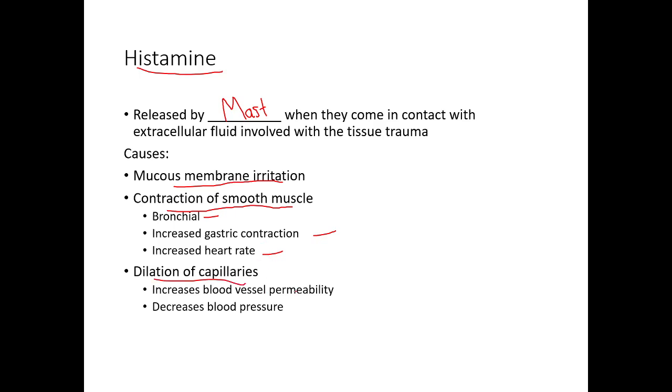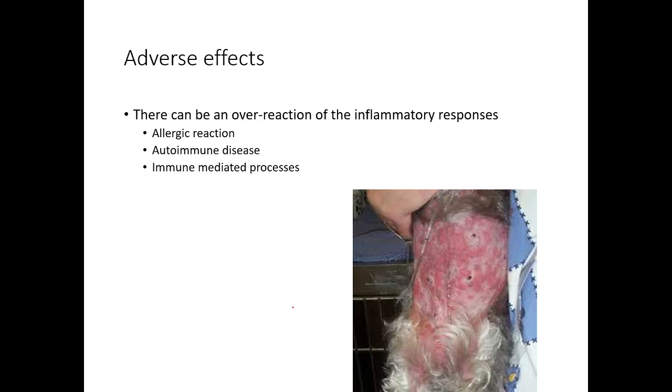Dilation of capillaries, which increases blood vessel permeability, so we'll have an increase in flooding of the tissues and decreasing blood pressure. Some adverse effects, if we have an overreaction of the inflammatory response, would be an allergic reaction, autoimmune disease, or immune-mediated processes.